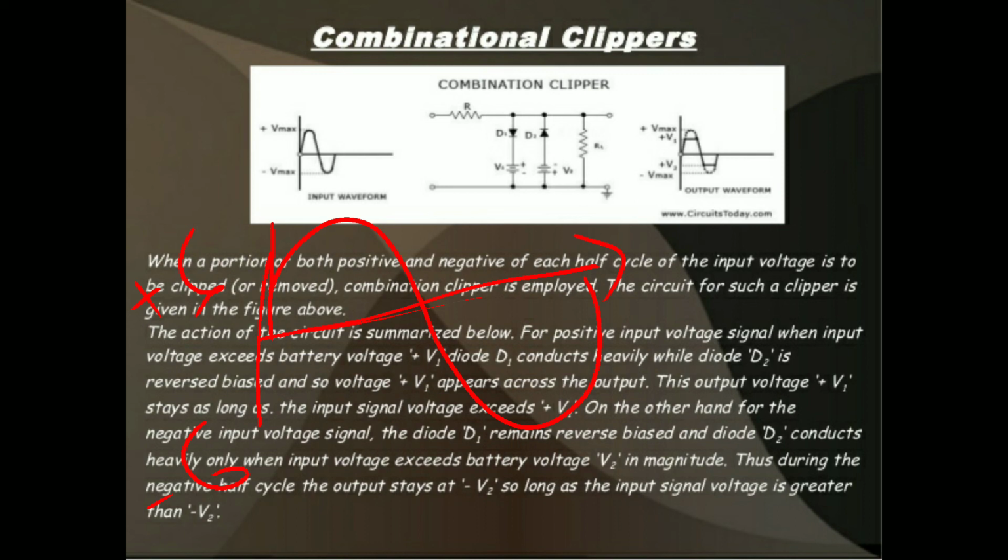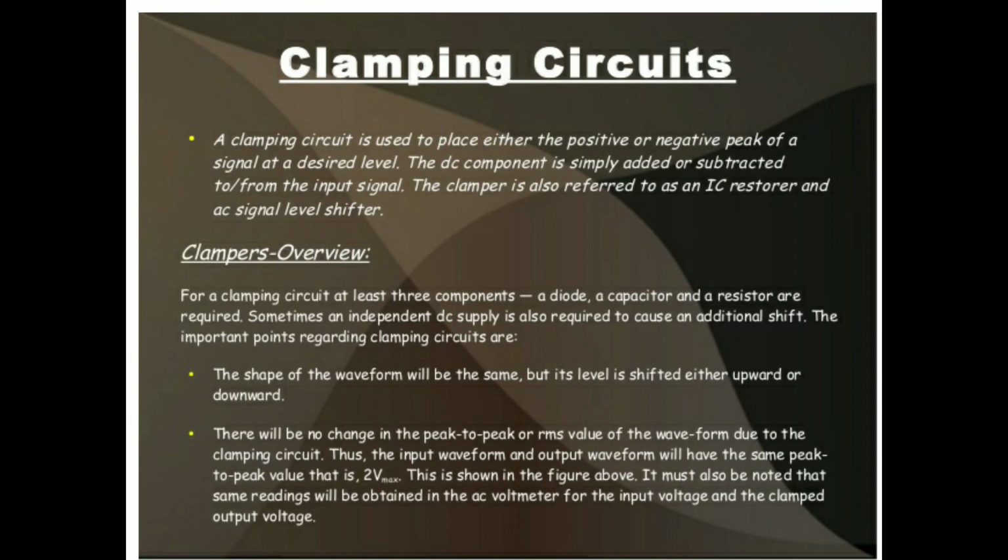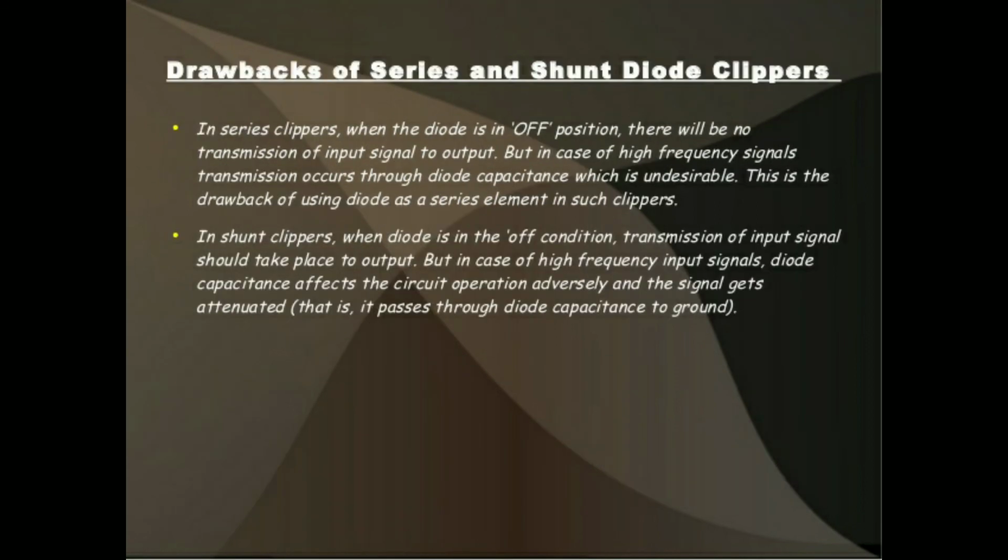Next part is clampers. There are different types of clampers. Let us discuss the drawbacks of the series and shunt diode clippers. In a series clipper, when the diode is in off position, there will be no transmission of input signal to output.